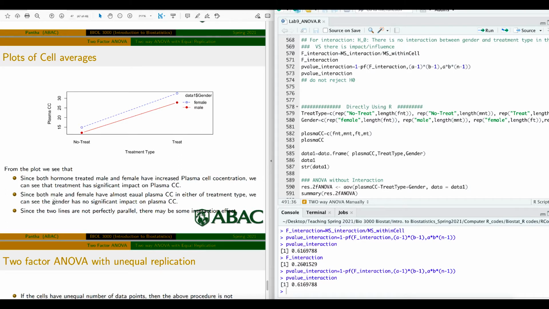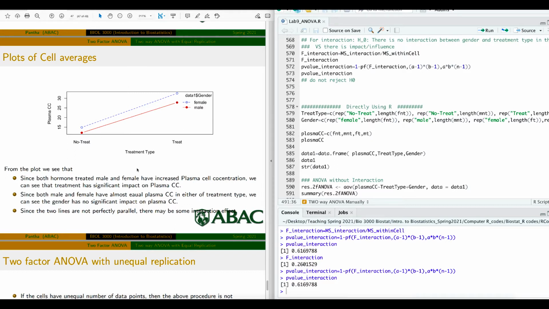The next one is, since both male and female have almost equal plasma content, for no treatment and treatment, they are almost the same, so we can see that gender has no significant impact on the plasma content. And the last one is, since the two lines are not perfectly parallel, there may be some interaction effect, but that interaction effect may or may not be significant. And then we found that it is not significant. We can guess that from the plot as well.